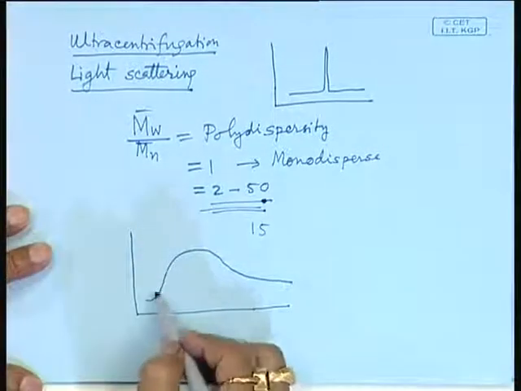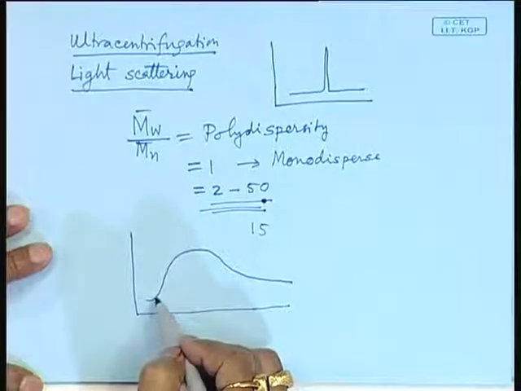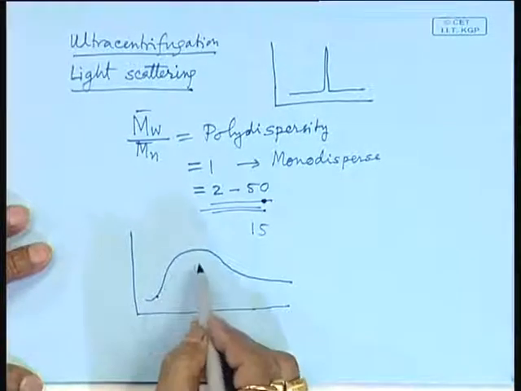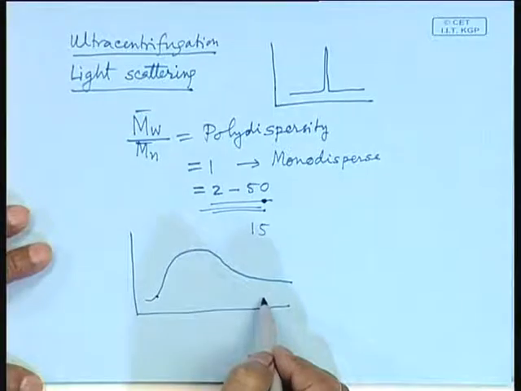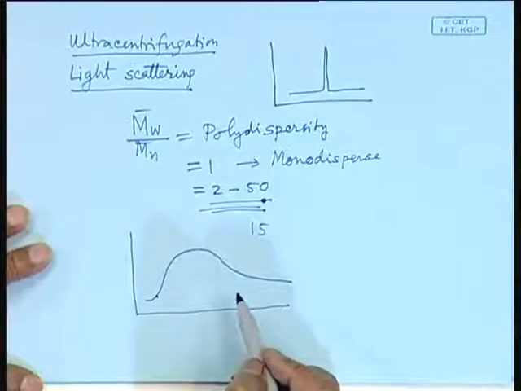That means it is a mixture of molecules of very low molecular weight, medium molecular weight, and higher molecular weight. So, this polydispersity value is an indication of the processability of a polymer, either by solution or by melt technique.